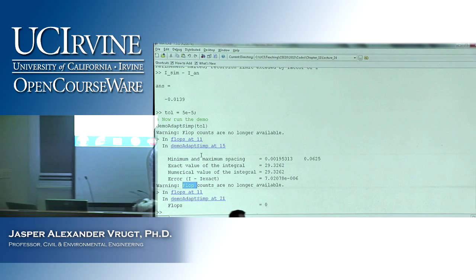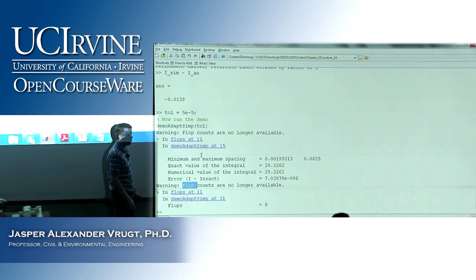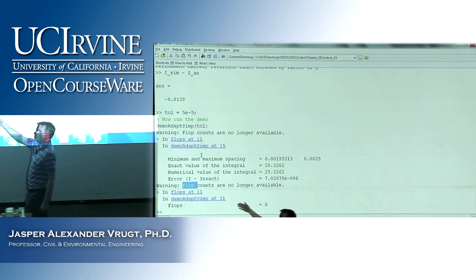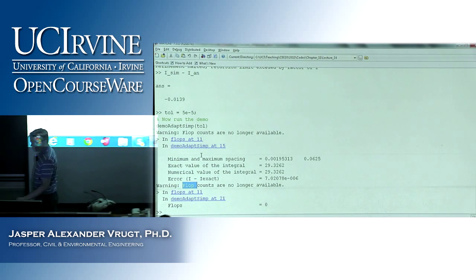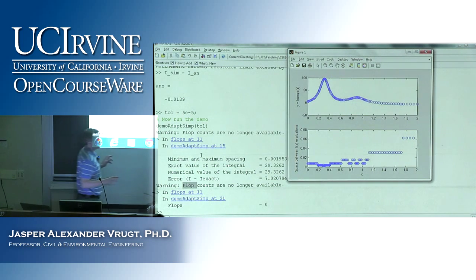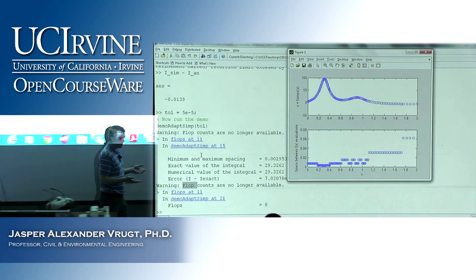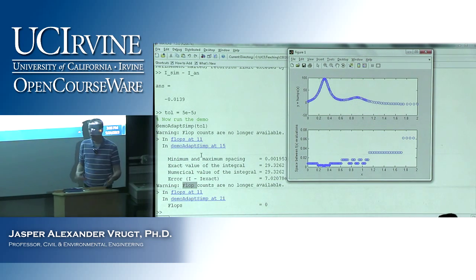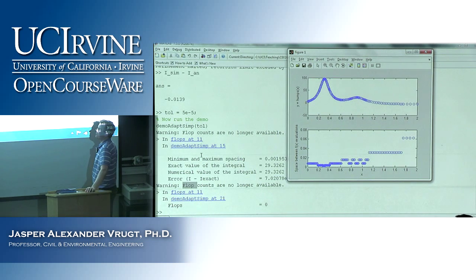You guys probably work with MATLAB 2011 or 2012, I don't know. So you might get a warning or something similar to this. Okay? Point is, adaptive quadrature just selects the values of x so that the resulting integral has a minimum error.